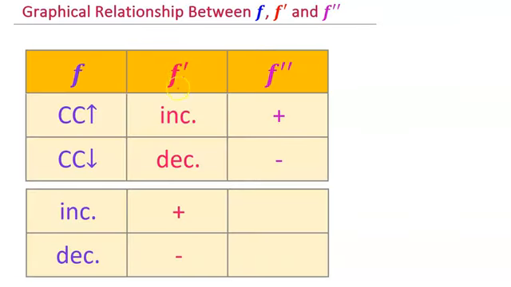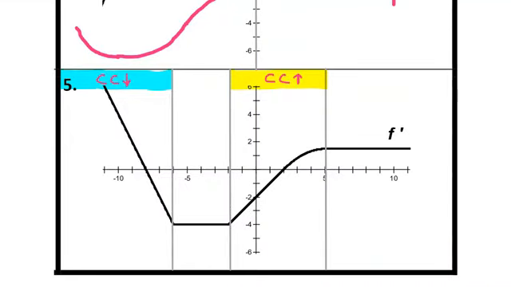Remember that where f prime is increasing, f will be concave up. If f prime is decreasing, f will be concave down. So function f will be concave down in the blue interval and concave up in the yellow interval. In these intervals where f is neither concave up nor concave down, function f is linear.